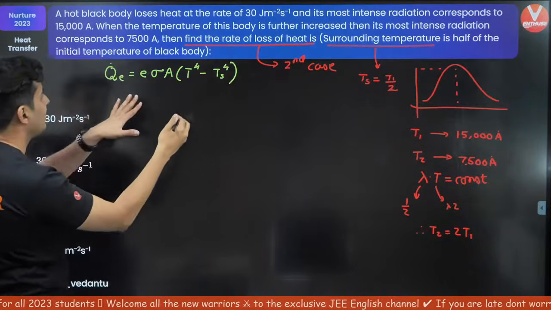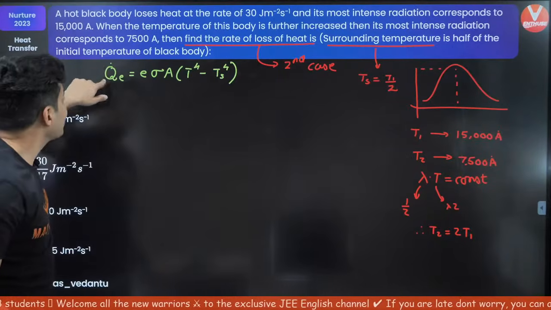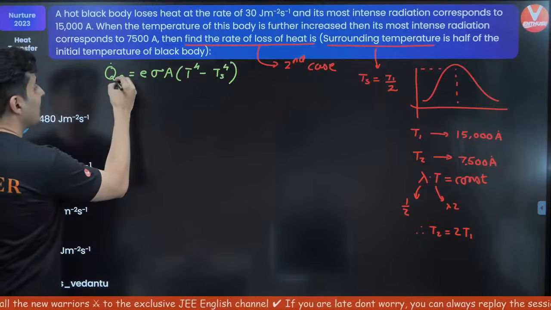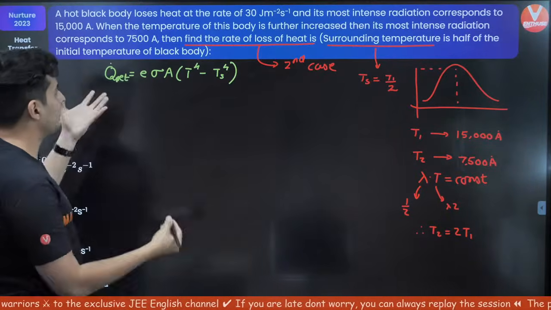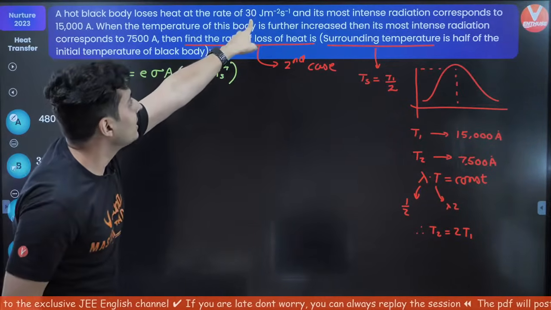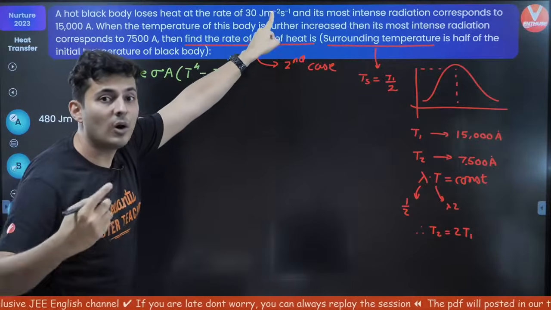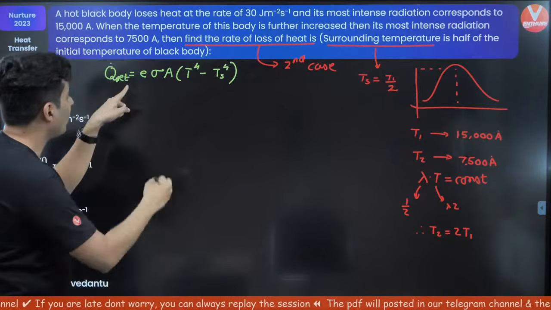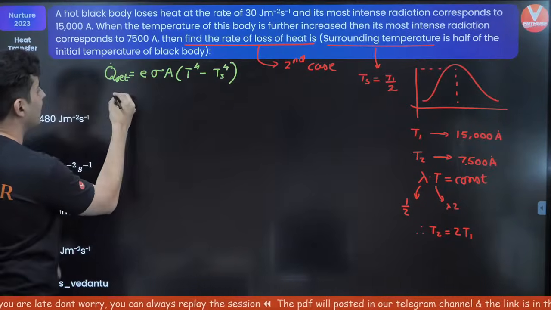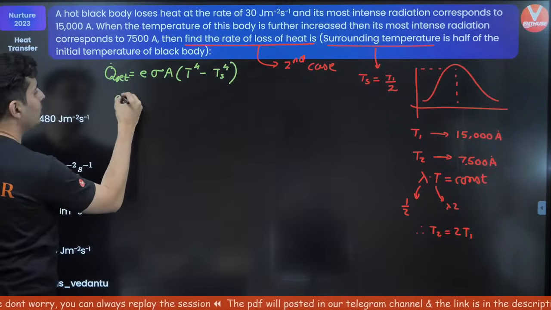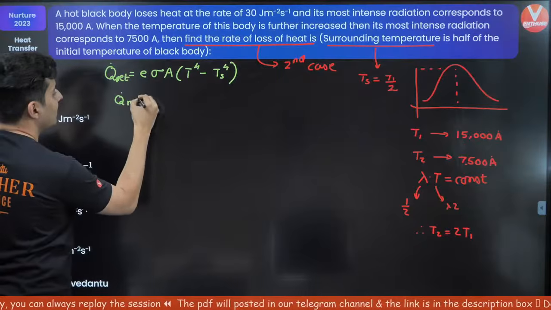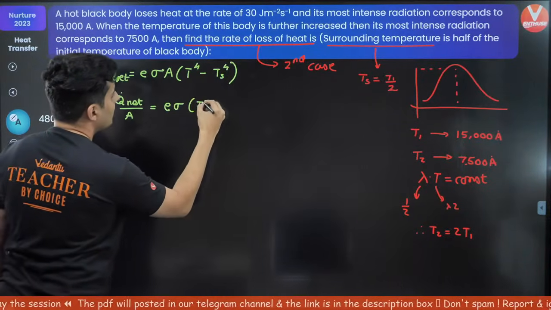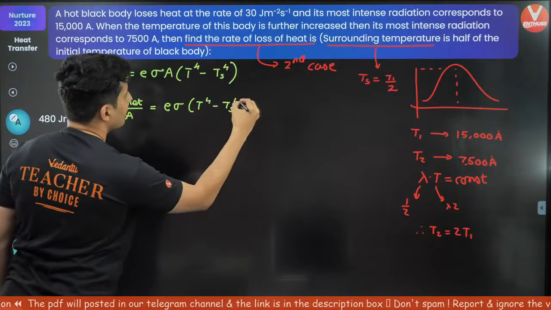This is the amount of energy radiated per unit time, the amount of net heat which is lost. Here what is mentioned is the amount of energy lost per unit time, per unit area. So in order to find it per unit area, just take that area term over here. So Q net upon A will be e sigma into T raised to 4 minus Ts raised to 4.